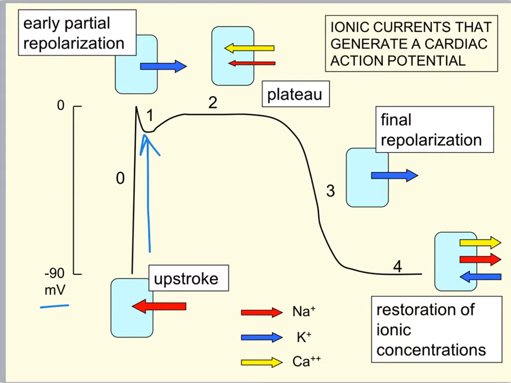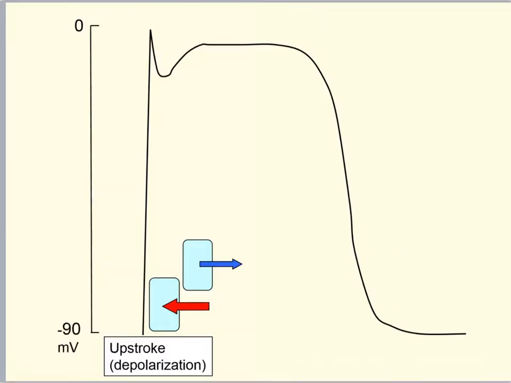After depolarization comes early repolarization, followed by a plateau phase, and then by further repolarization back to the electronegative cell interior. Finally comes restoration of ionic concentrations, where all the ions go back to their normal resting places.